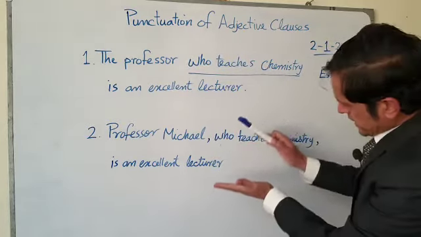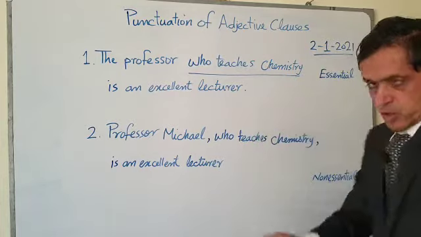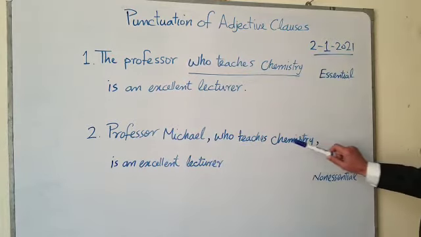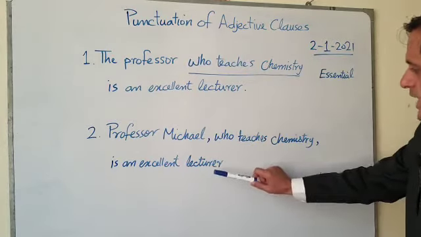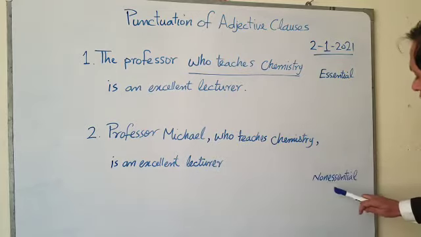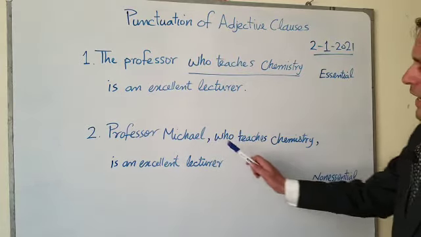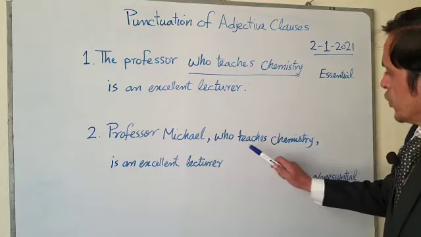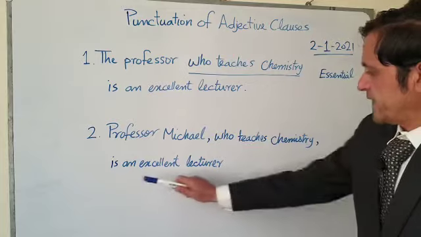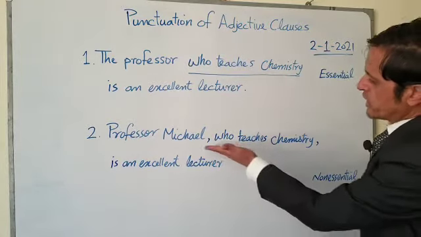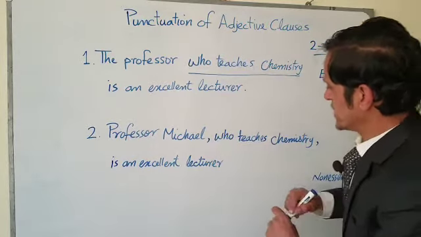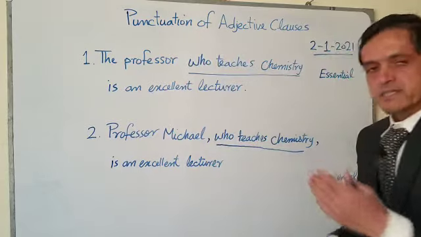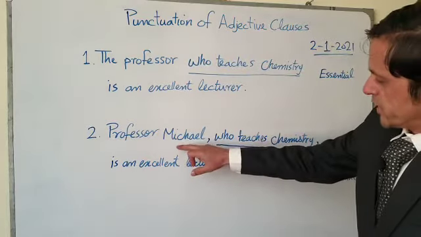Now look at this sentence so you will understand. Professor Michael, who teaches chemistry, is an excellent lecturer. Now here this is called a non-essential adjective clause, and we need commas here. Here who teaches chemistry is an adjective clause, and it does not identify this professor.